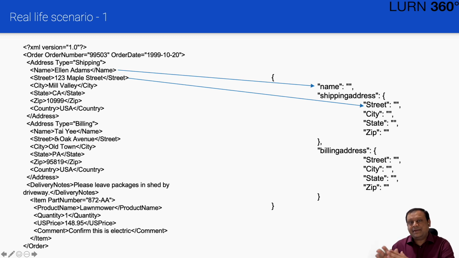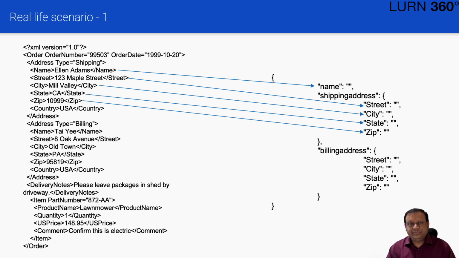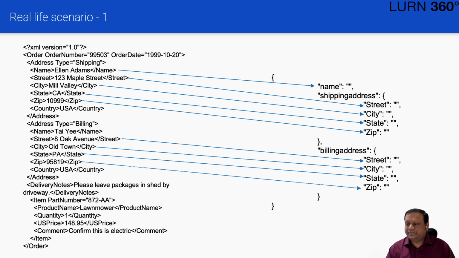So we just have to map them with the condition that when the address node has type equal to shipping, the name, street, city, state, and zip will be mapped. For the billing address, the exact same condition where type is equal to billing, map the street, city, state, and zip from that address block. This is going to be the new mapping.